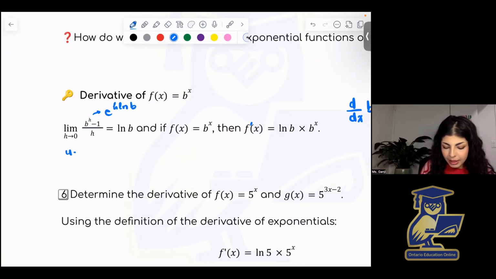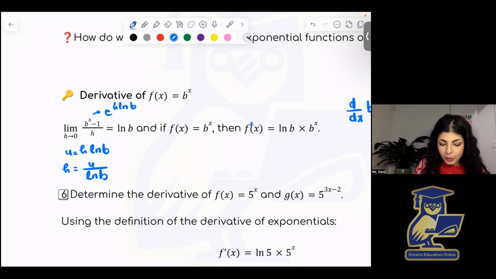So then if I let u be equal to h natural log of b, I can rewrite this as, sorry, u over.